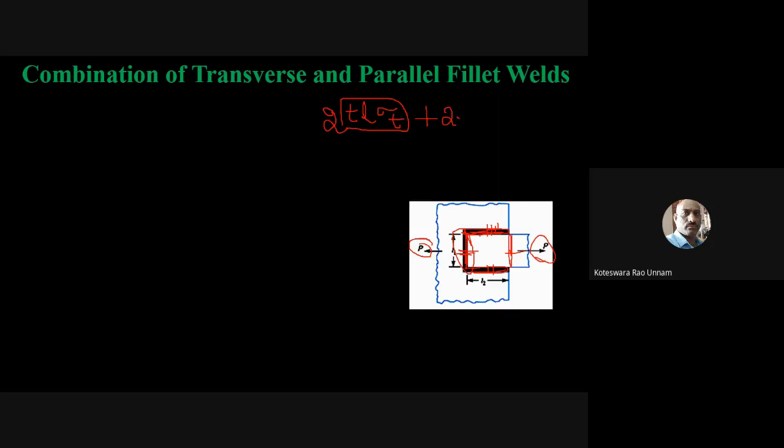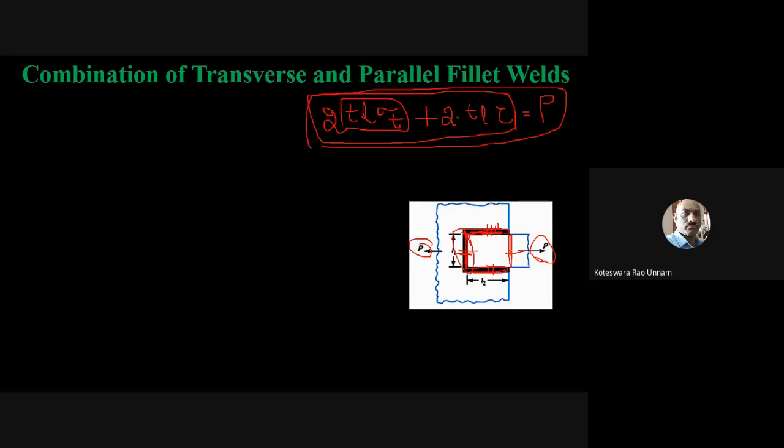Then the area of the weld multiplied by the allowable shear stress is the load carrying capacity of this one. So again T into L is the area of the weld, multiplied by tau, the allowable stress in that joint. This should be equal to your applied load. This is going to be our design equation.